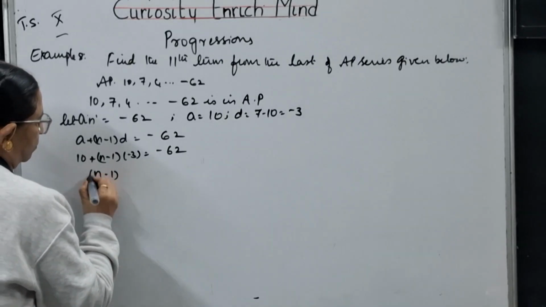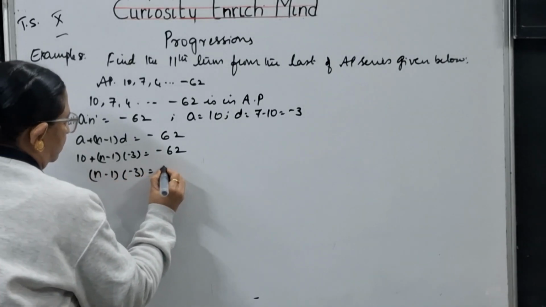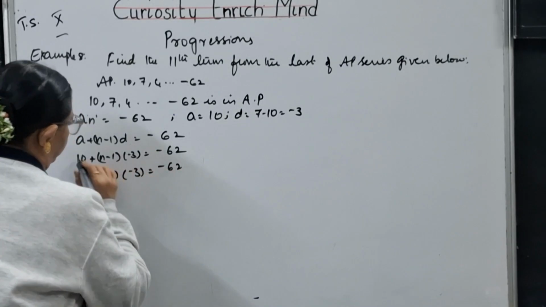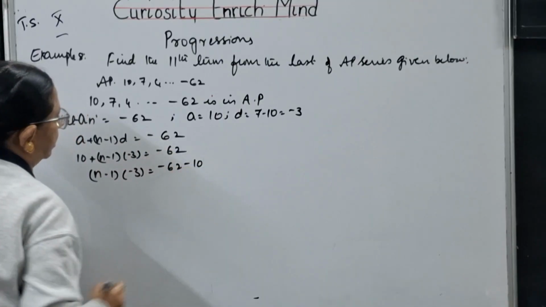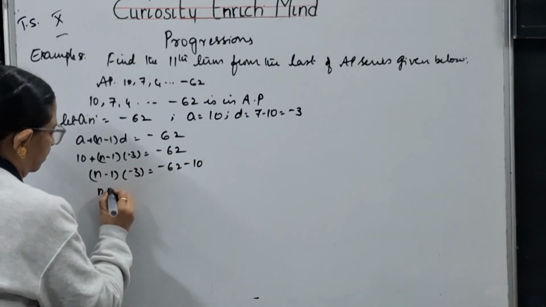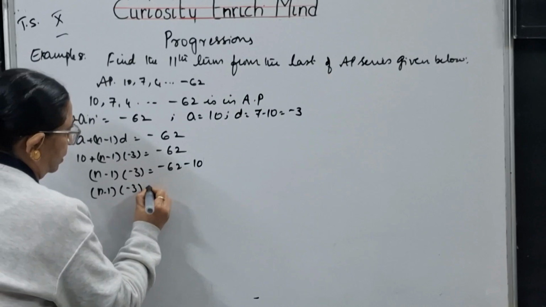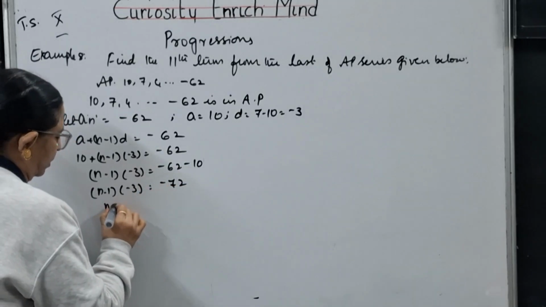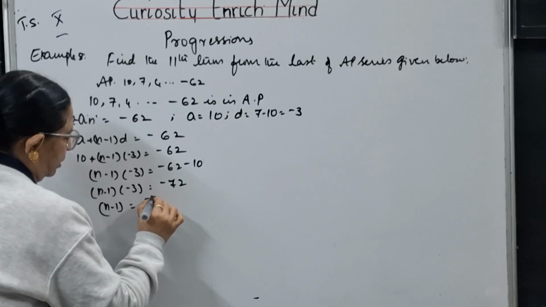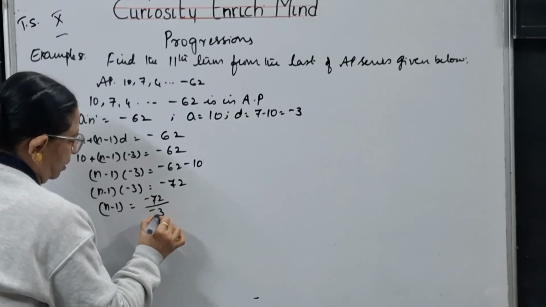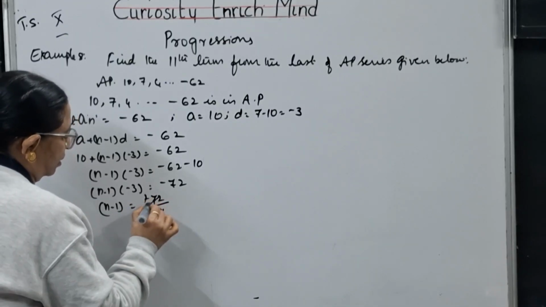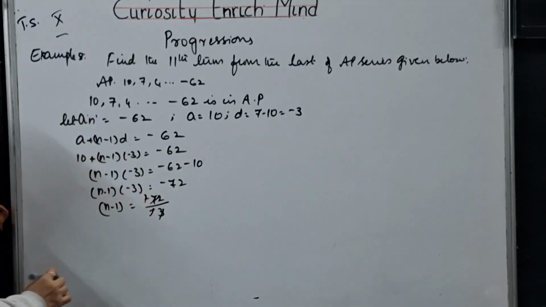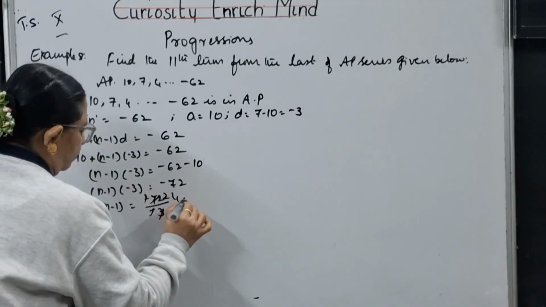That means n minus 1 into minus 3 is equal to minus 62 minus 10, which is minus 72. So what is n minus 1? Minus 72 by minus 3. These two will get cancelled. 3 2s are, 3 4s are.